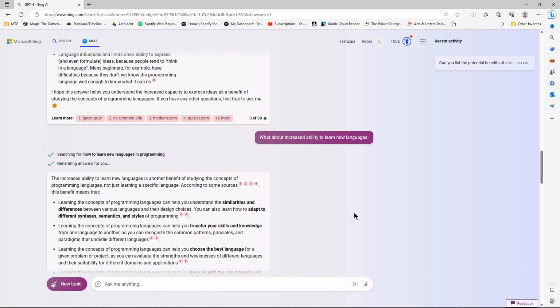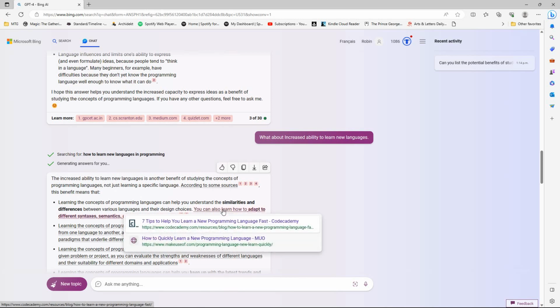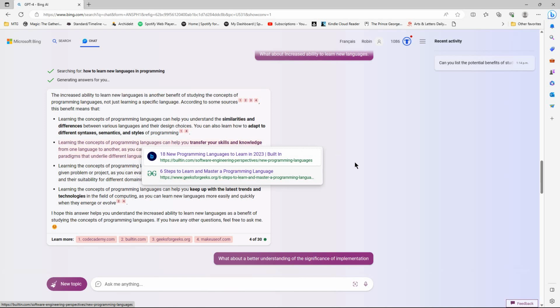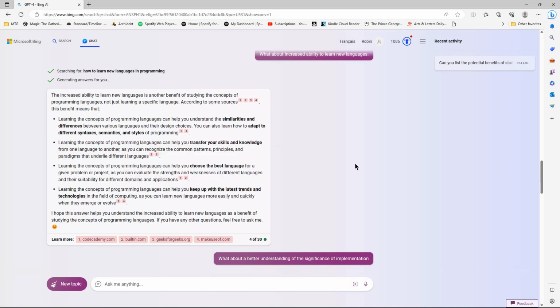So that's getting a bit more accurate. And the concept of programming languages can help you understand the similarities and differences between various languages and their design choices. Where's it pulling that from? Transfer your skills and knowledge from one language to another, as you can recognise the common patterns, principles and paradigms that underlie different languages.